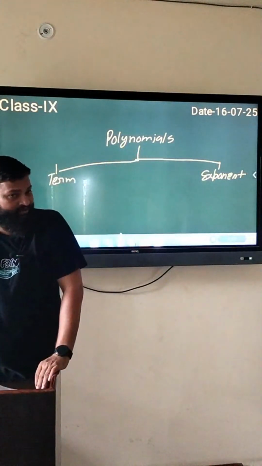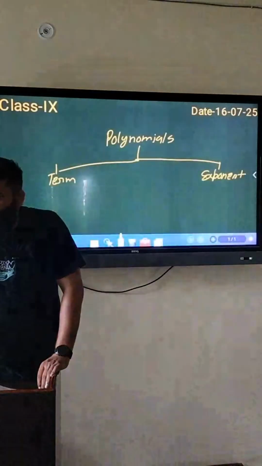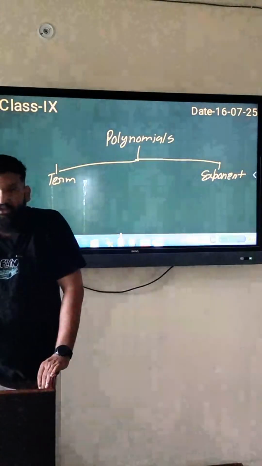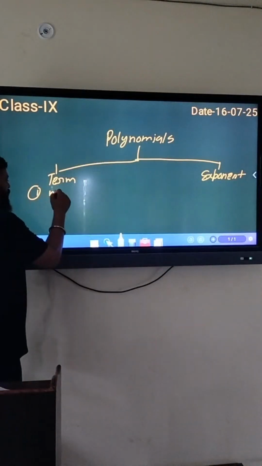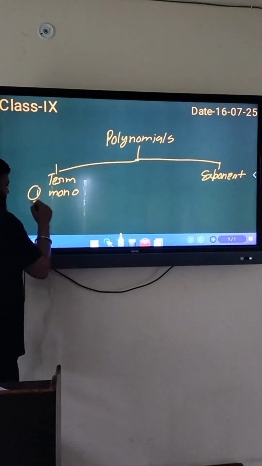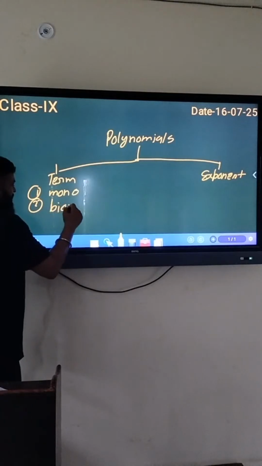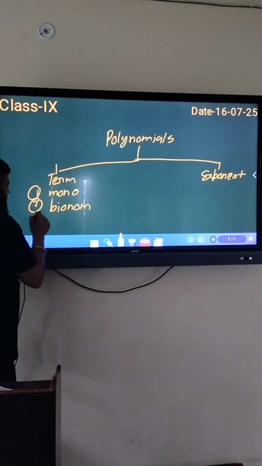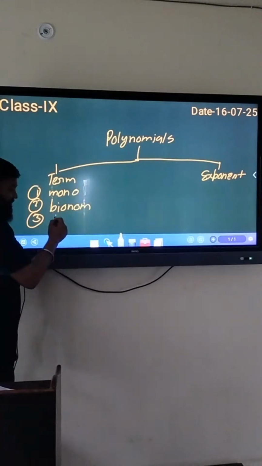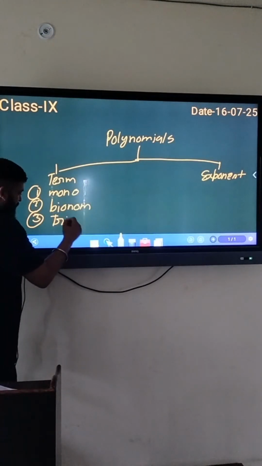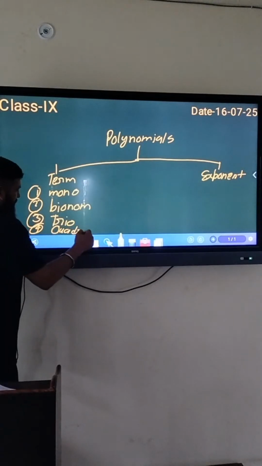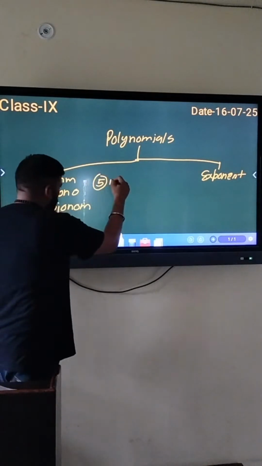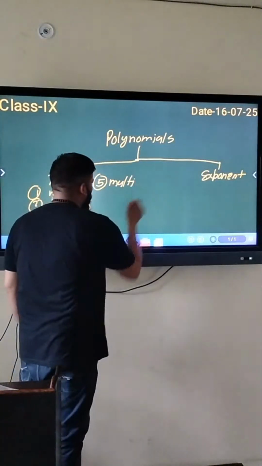Is that clear or not? Types of the polynomial. According to term, how many types? First monomial, second binomial, third trinomial, fourth quadrinomial, fifth multinomial.